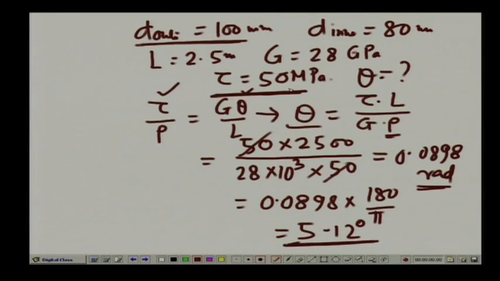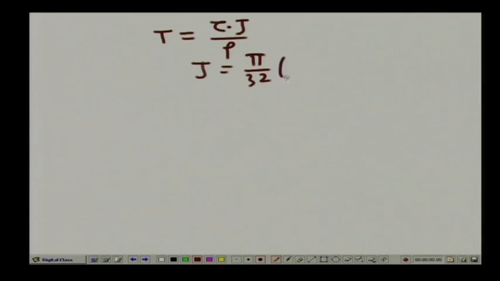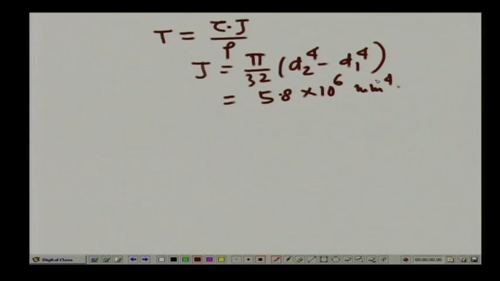Now, let us look into what will be the diameter if we go for a solid section instead of the hollow one. For that part again we need to compute the value of twisting moment. Now, T by J is equal to tau by rho we know. So, tau times J by rho will give us the value of the twisting moment, and J for this particular section is pi by 32 times d2 to the power 4 minus d1 to the power 4, which is equal to 5.8 into 10 to the power 6 millimeter to the power 4 in this particular case.